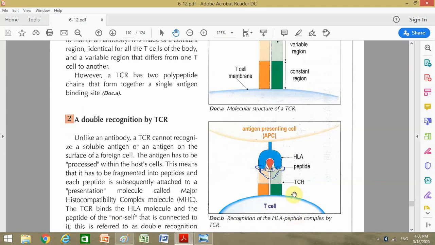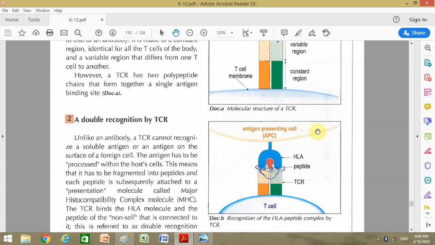The binding of the TCR to the HLA antigen complex is referred to as double recognition, where for a T cell to be activated, it should double recognize the HLA molecule and the non-self peptide.